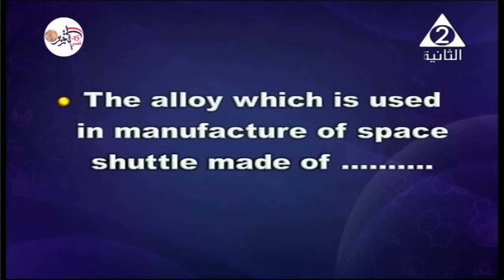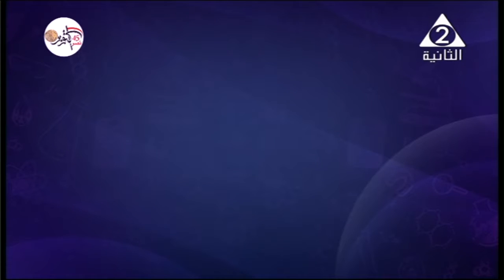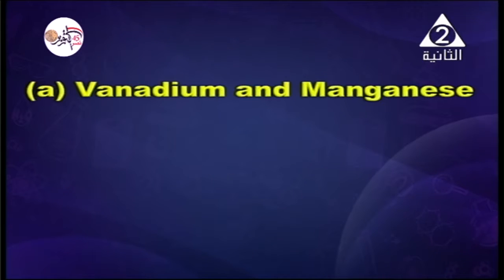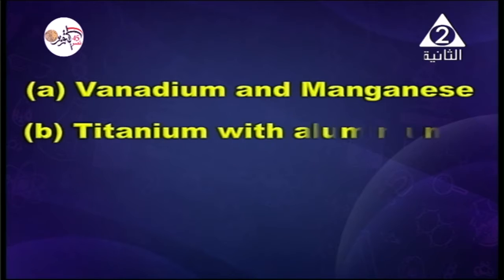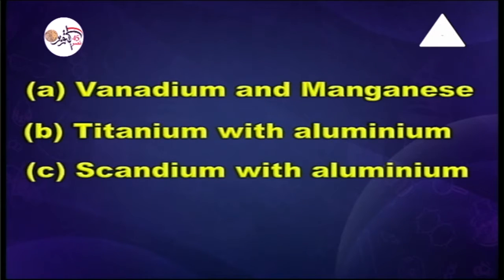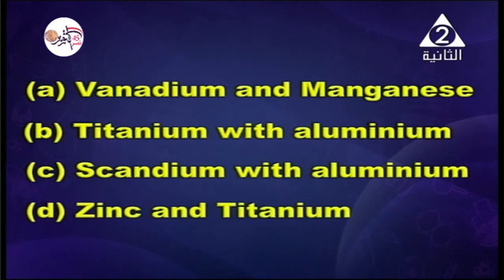Next point, the alloy which is used in the manufacture of a space shuttle is made of what? Vanadium or manganese, titanium with aluminium, scandium with aluminium, zinc and titanium. Yes, it will be titanium and aluminium.